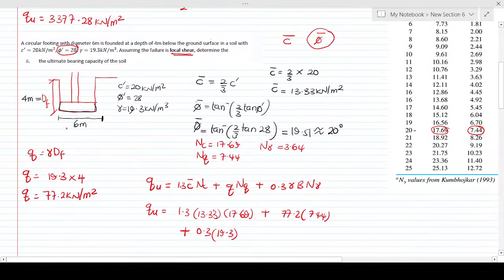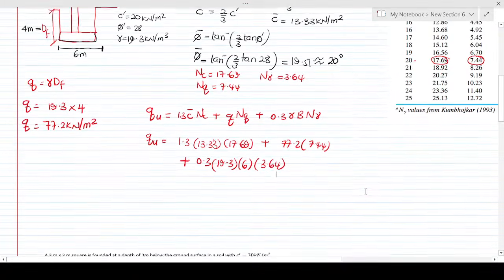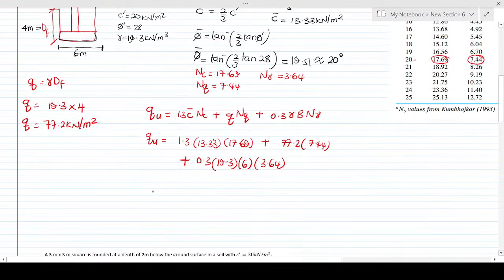So in case they give you radius, you have to convert it to diameter. So B is 6, the diameter, then N gamma, which is 3.64. My ultimate bearing capacity is going to give me 1006.6817 kilonewton per meter.